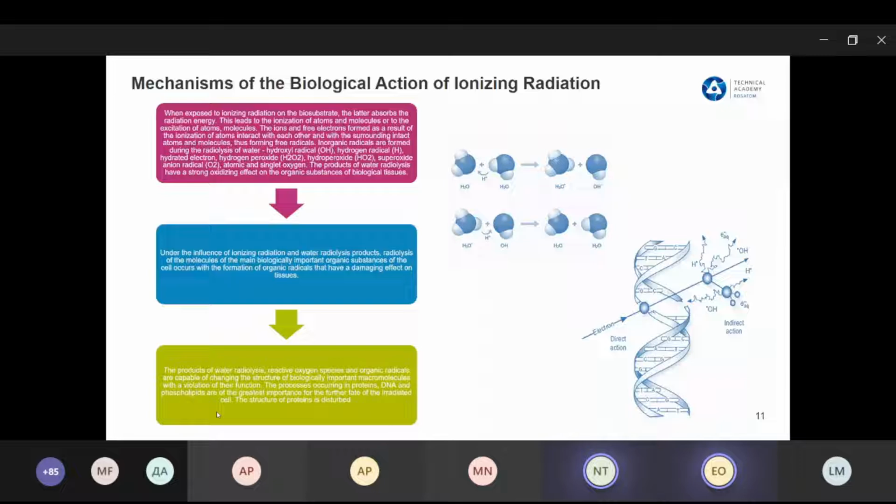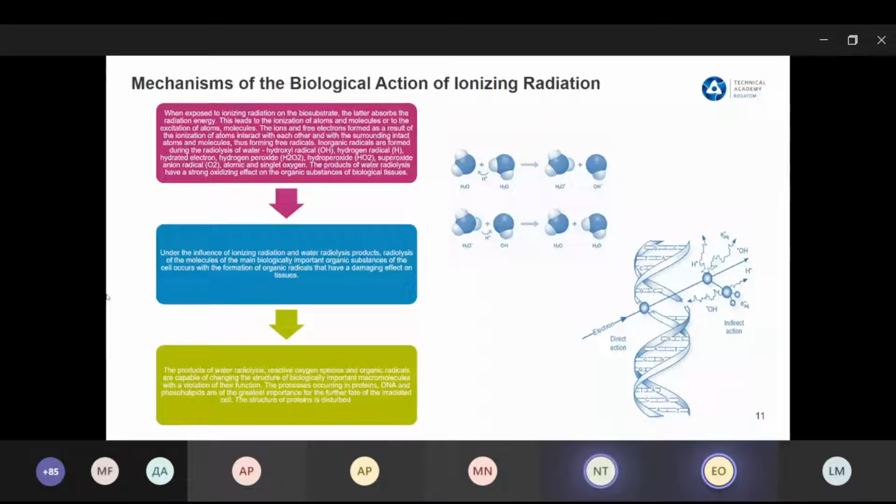The molecular mechanisms of interphase cell death are based on damage to cytoplasmic, nuclear and mitochondrial membranes, leading to the disruption of water and electrolyte balance, release of hydrolytic enzymes from lysosomes, destructive changes in the nucleus, etc.